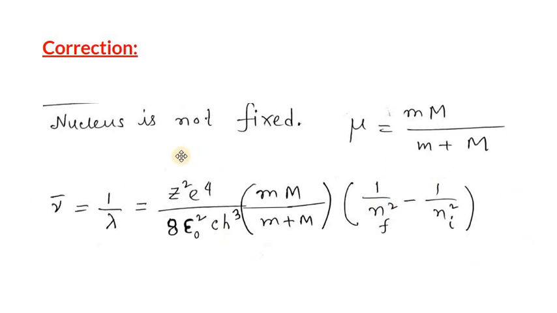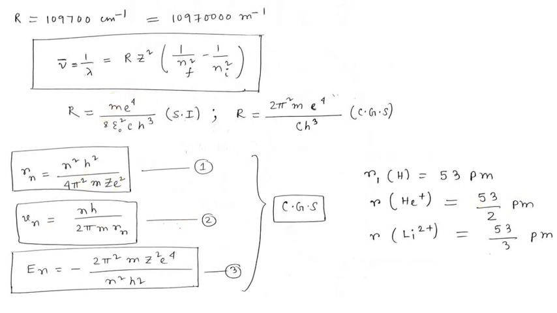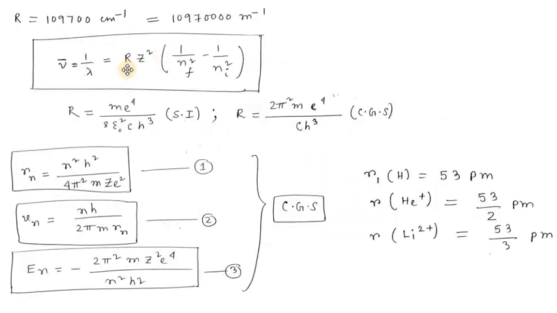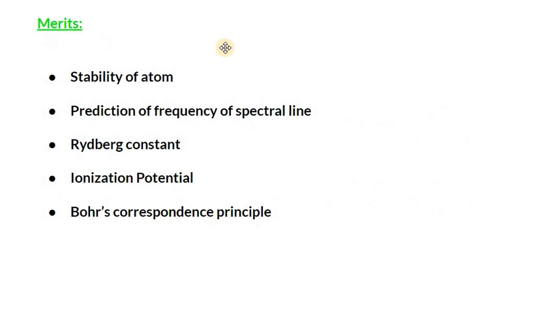This is a more accurate equation than the previous one, but whenever you do normal calculations, just use m. It's a correction only. Don't use this equation if you are getting a lot of problems when using the Rydberg equation. Just put the value of m, not the reduced mass, until they tell you to use the reduced mass.